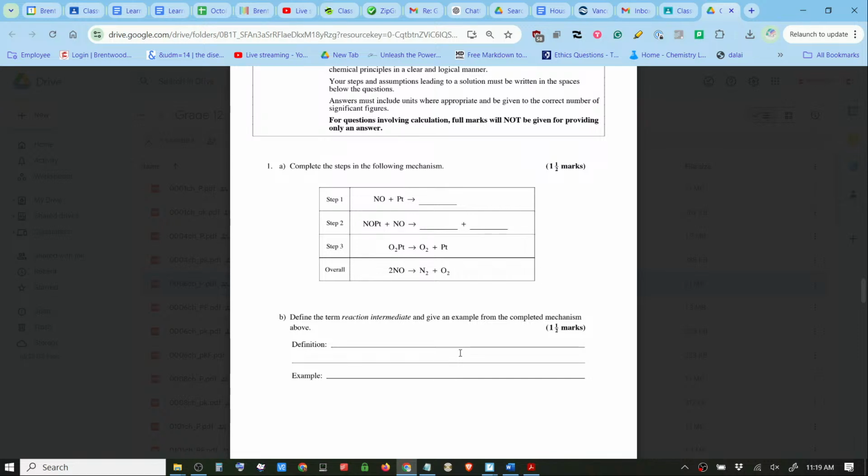Ooh, I like that one. You know how we were summarizing it to make the overall? This one gives you the overall, and you have to recreate the steps. So undo the canceling based on what's there. That sounds like excellent practice.